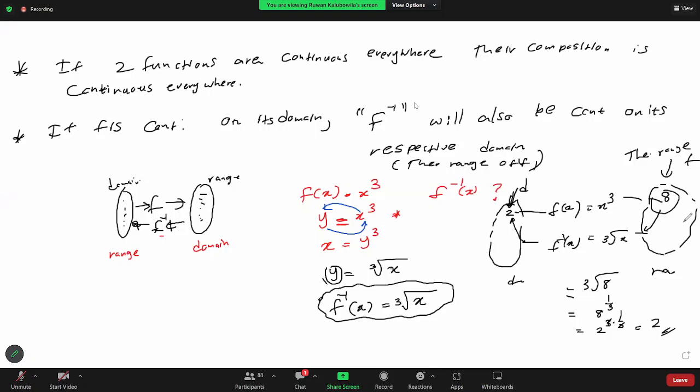This set is the domain of f inverse. The same values are there, and this statement says f inverse should be continuous in its respective domain. We know this already, but mathematically it is this statement.